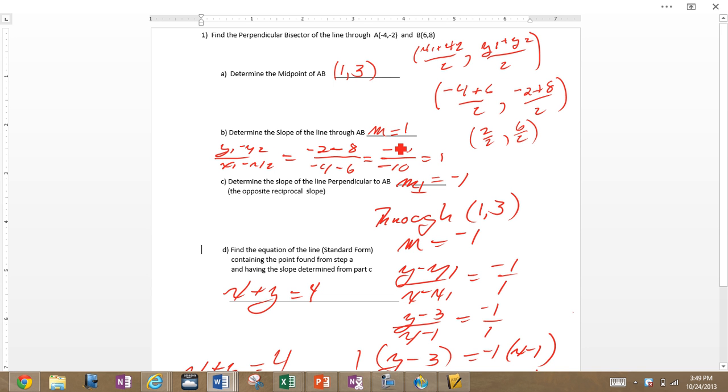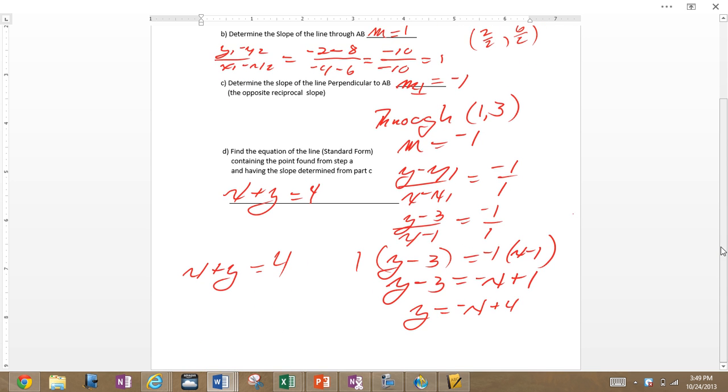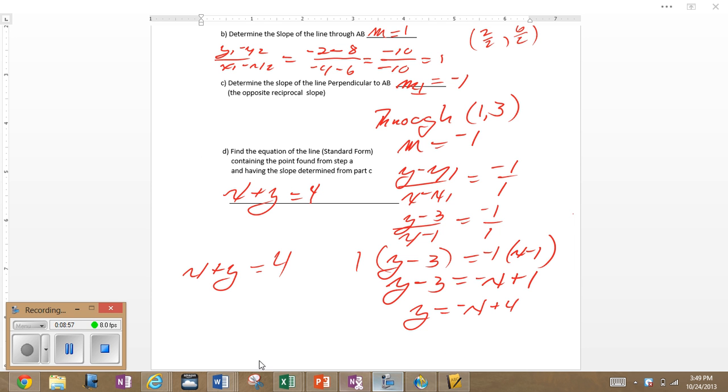Find the slope of the segment. Take the negative reciprocal slope. That's the slope of the perpendicular bisector. Then find the equation of the line with that slope through the point determined in step A. Use the modified slope formula and you won't have any problems. So there it is. That's what you have to do with those perpendicular bisector problems.